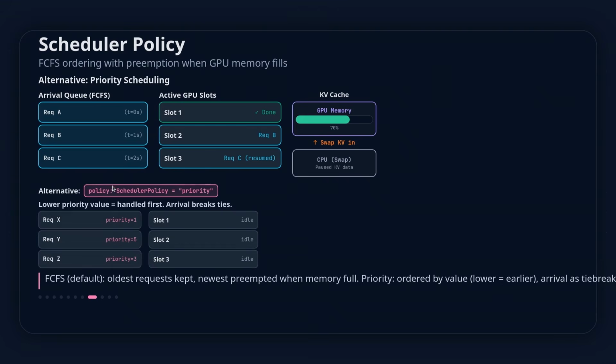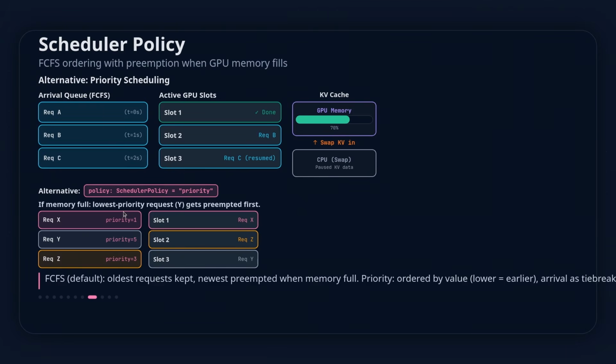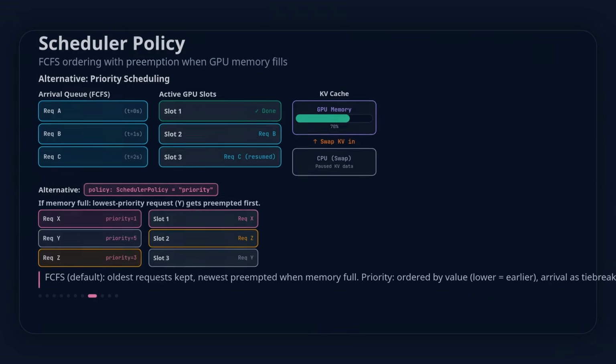There is an alternative policy, which is the priority scheduler policy. So if GPU memory is full, the lowest priority request gets preempted. So as we can see, request X has the highest priority, request Y has priority 5. So we preempted request Z to finish request X first.